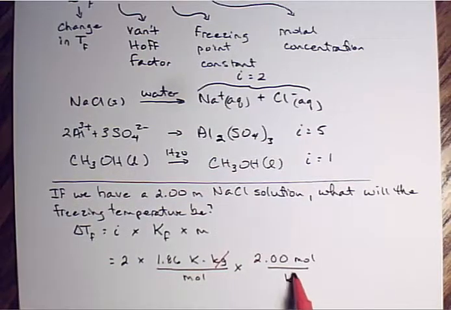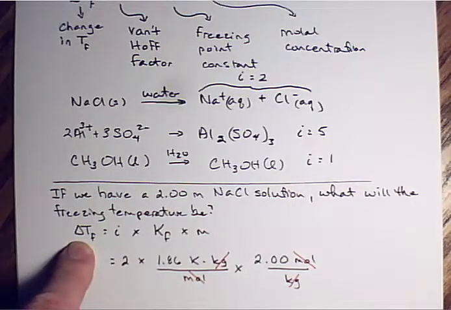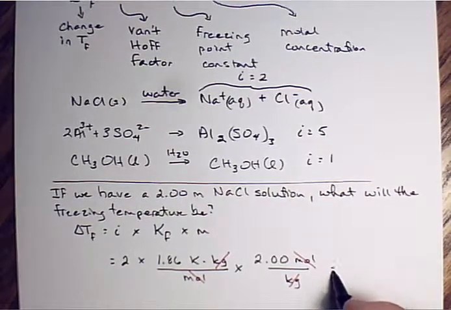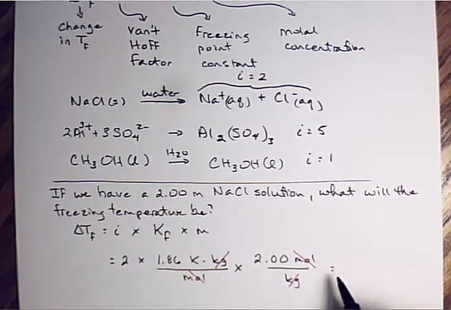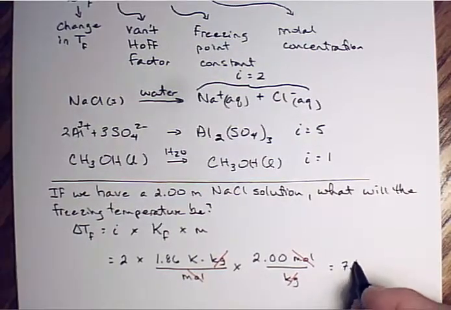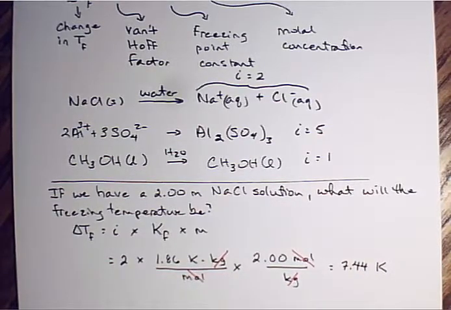Kilograms cancel. Moles cancel. We're just left with Kelvin. What does Kelvin measure? Temperature. What are we trying to find? Temperature, or change in temperature. So this comes out to be 7.44 Kelvin. That's our change in temperature for freezing.